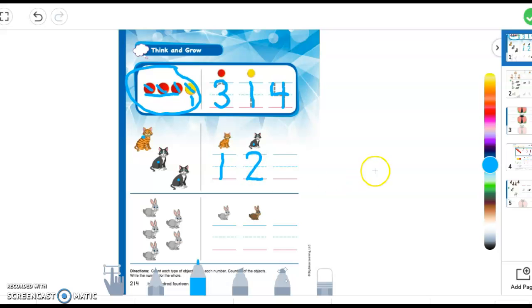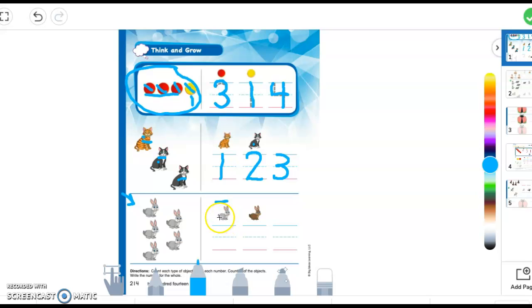So part of our set has 1, part of our set has 2. How many does our set have all together? 1, 2, 3. So 1 and 2 is 3. Good job.